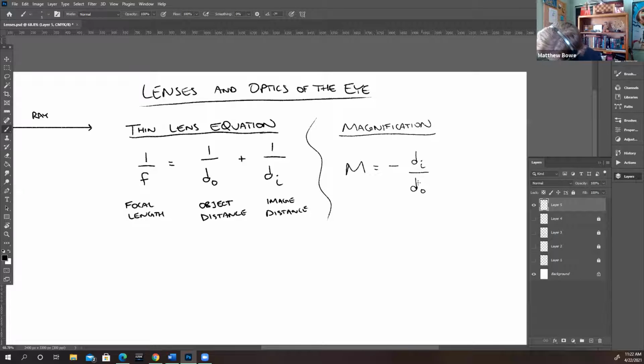This equation for magnification is also equal to the height of the image over the height of the object. So image height over object height.